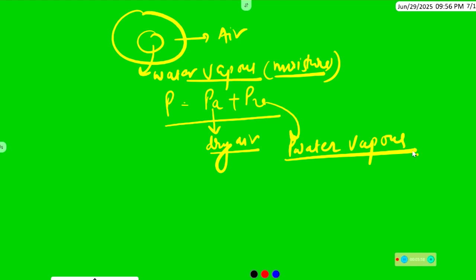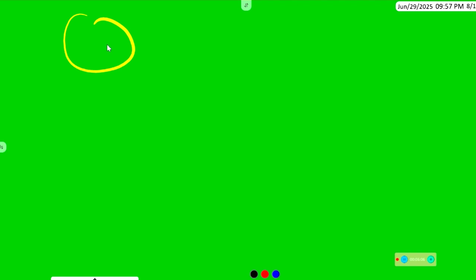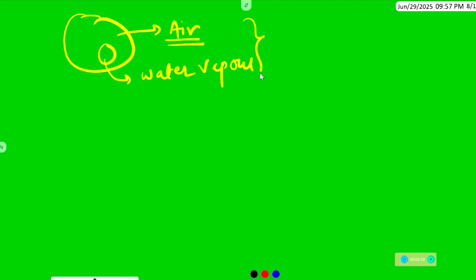Now, for the sake of our study, we have to determine how much water vapor is there in the total air. We determine this by absolute humidity.